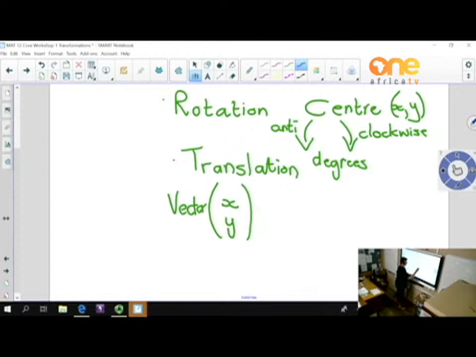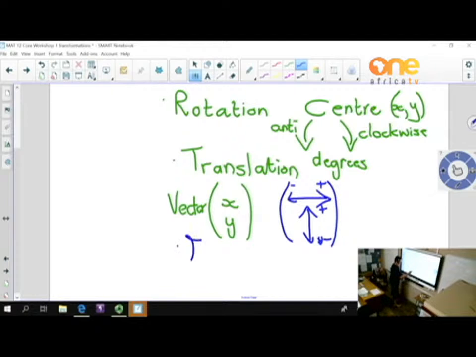The meaning of that is, if you go to the right, x, then this is positive and to the left it is negative. If you go up, it is positive, and if you go down, it is negative. So this is the x movement, and this is the y movement, the column vector.